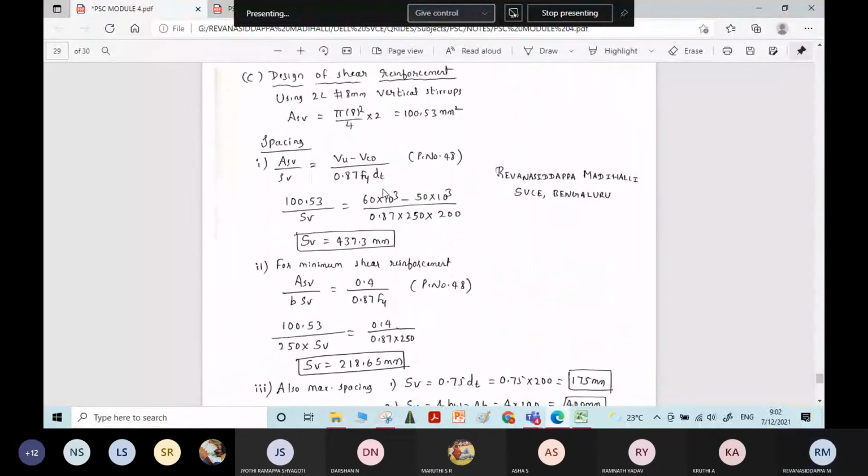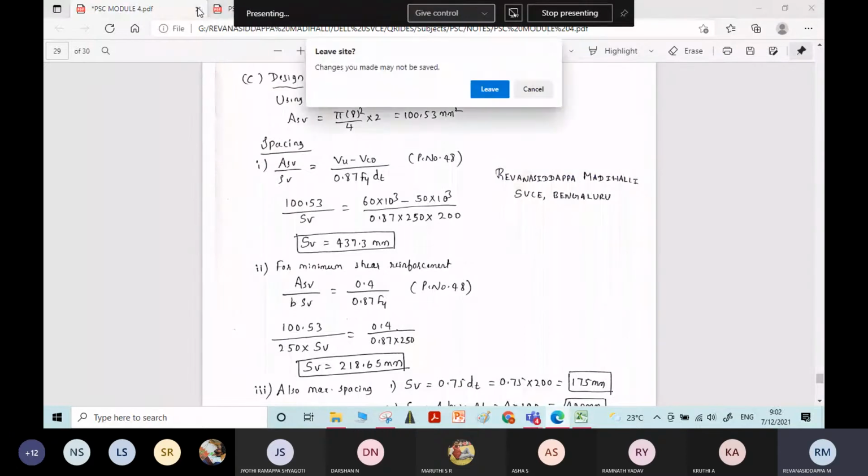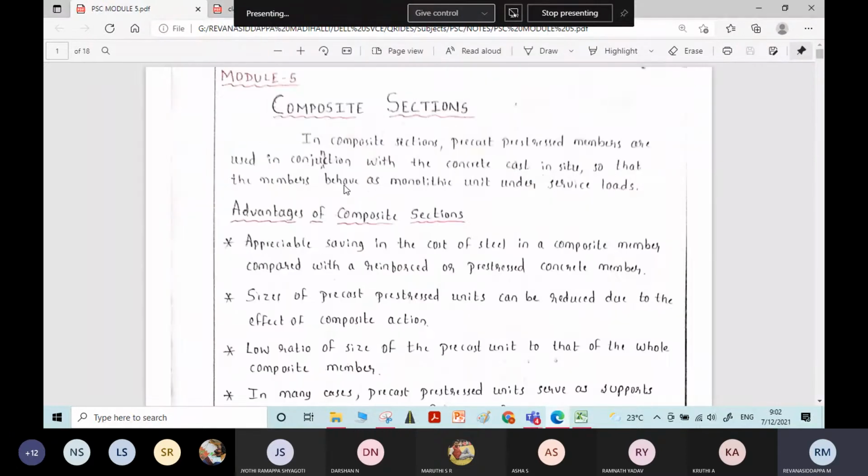Today I will be starting model number 5, composite sections.